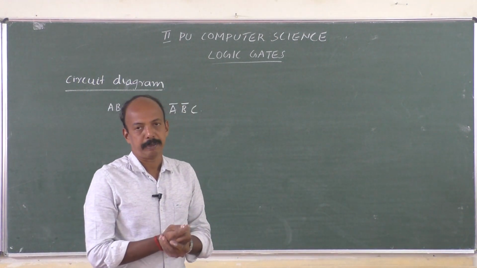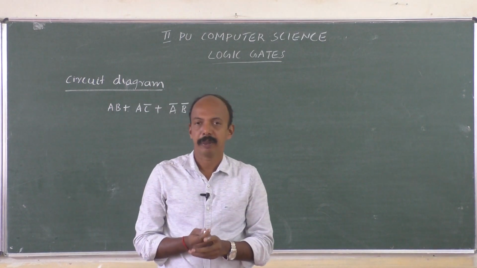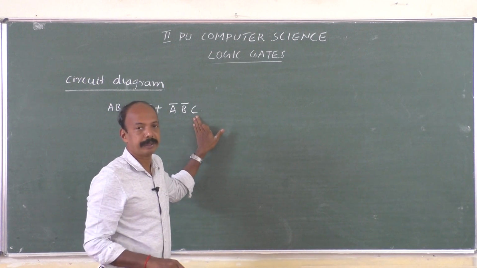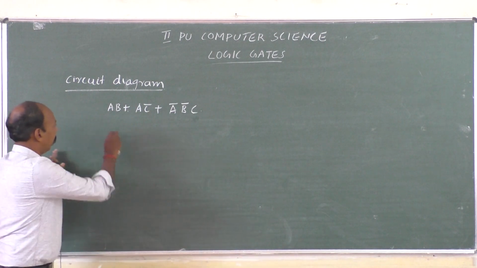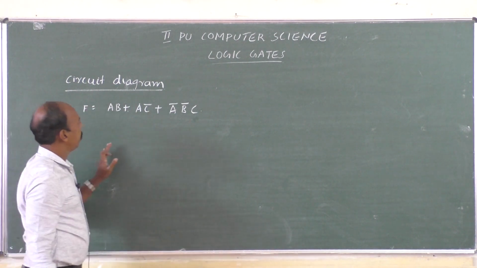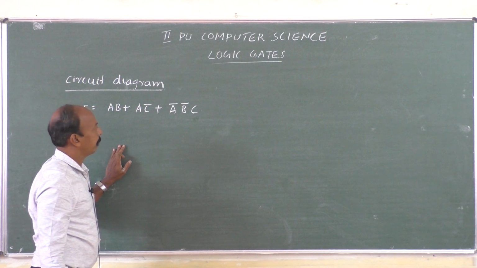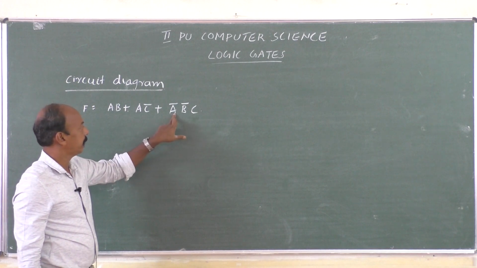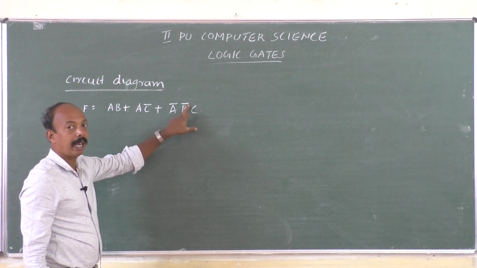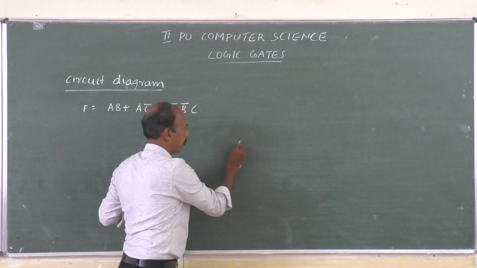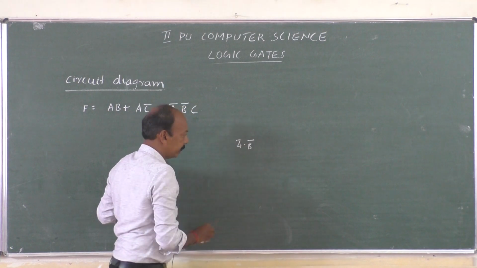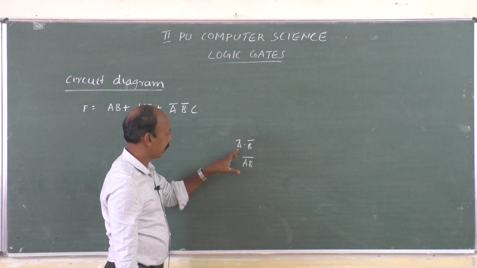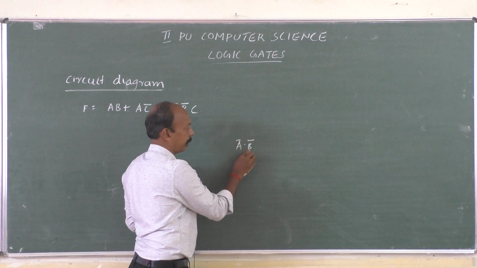How to draw the circuit diagram? Whenever we are going to draw the circuit diagram, we will draw it with respect to gates, basic gates. What is the meaning of this? F is equal to AB plus AC bar plus A bar B bar C. Of course, as we have discussed earlier, there is a difference between A bar into B bar and AB whole bar, because when we write A bar B bar, this is dot.